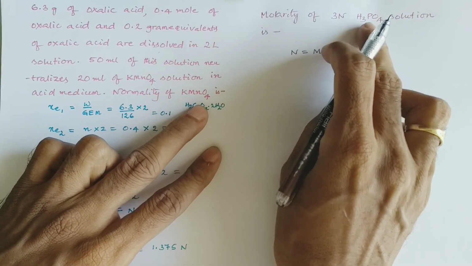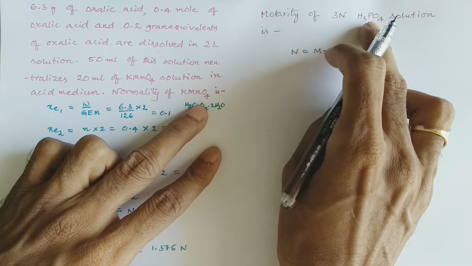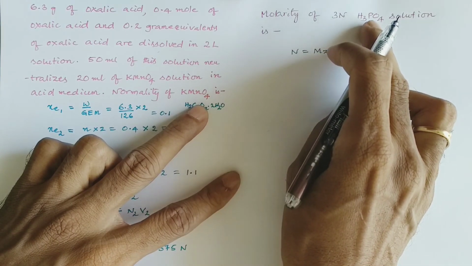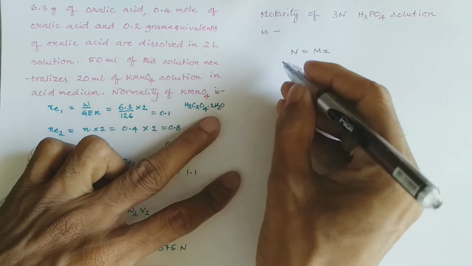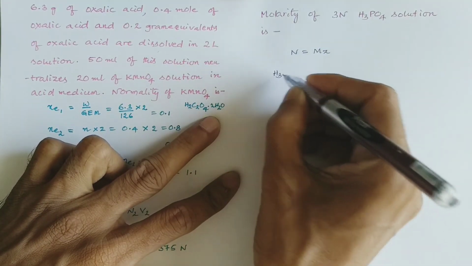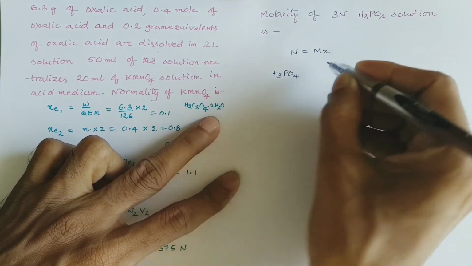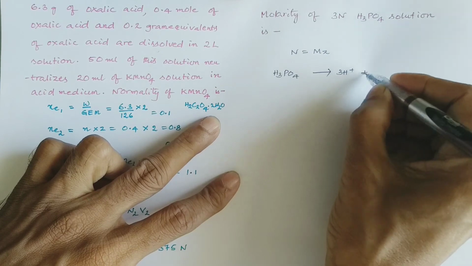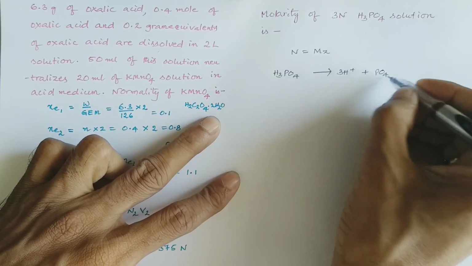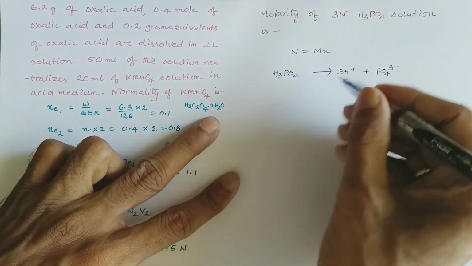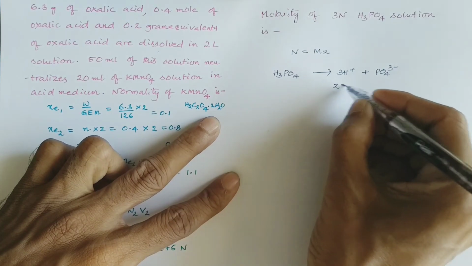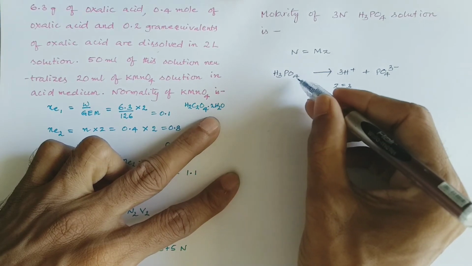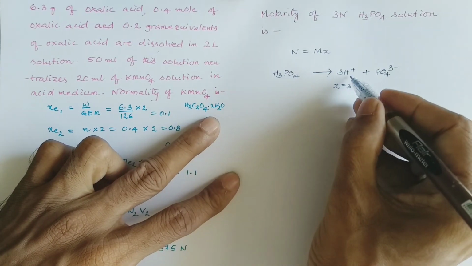This is an acid, and basicity means the number of H plus ions given by one molecule of the acid, right? So H3PO4 ionizes to give 3 H plus ions and 1 phosphate ion. So what is Z here? Z is 3. This is the number of H plus ions produced by one molecule of acid. So basicity is 3.